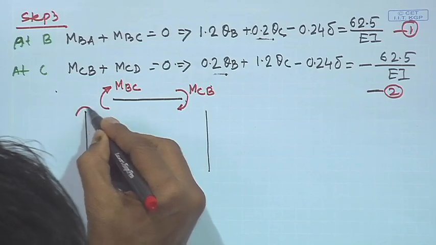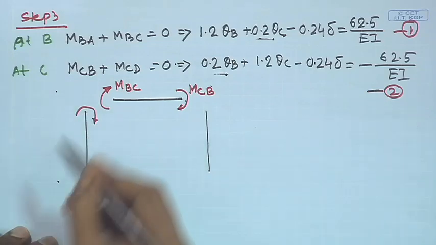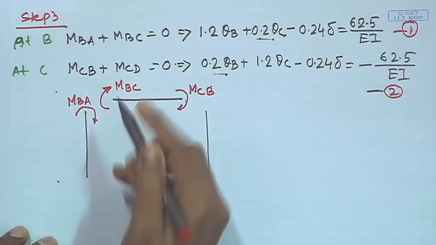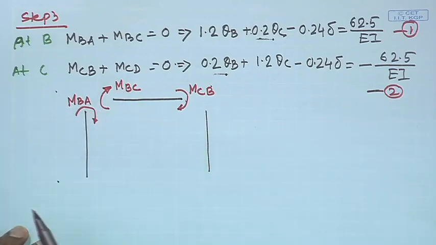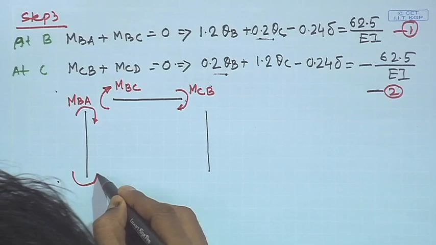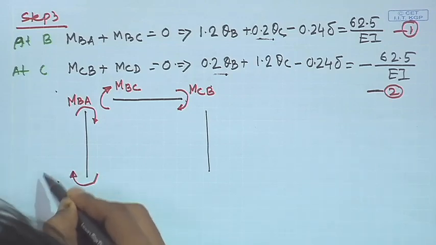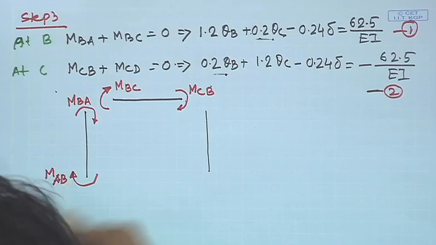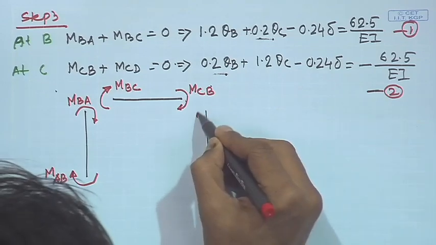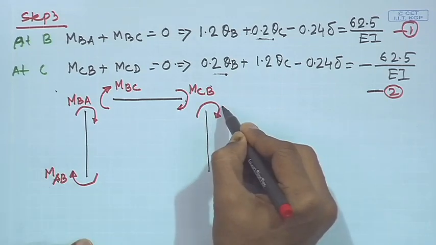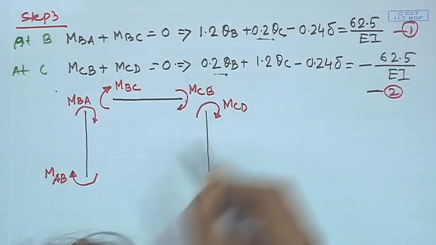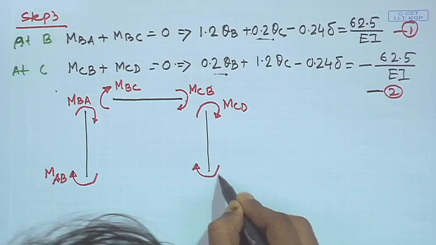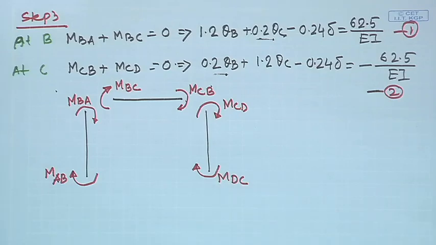And then we have this MBA, the moment at B in member BA, and all are shown in the clockwise direction. This is MAB, and then again this is MCD, and this is MDC. Okay.